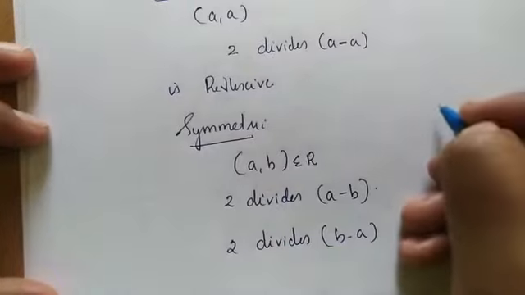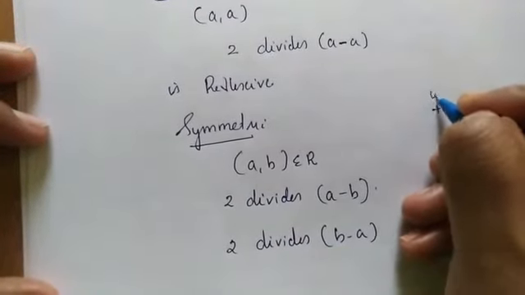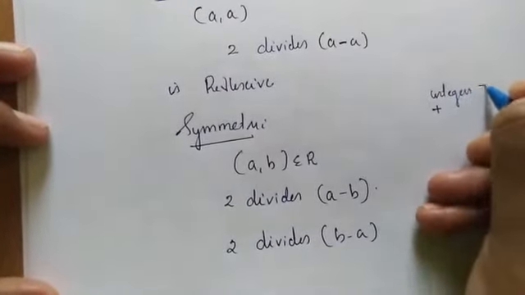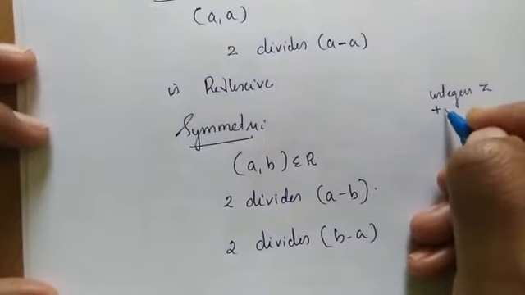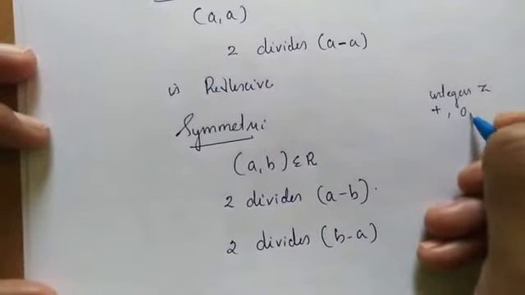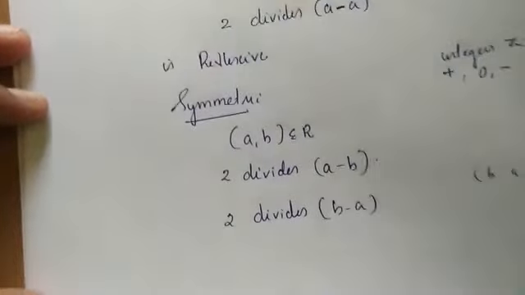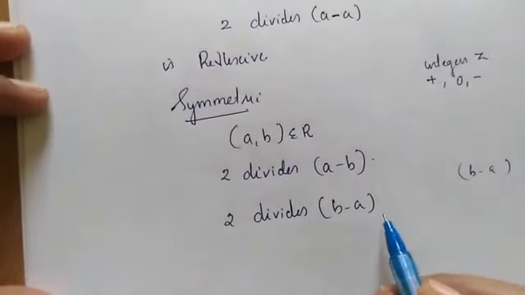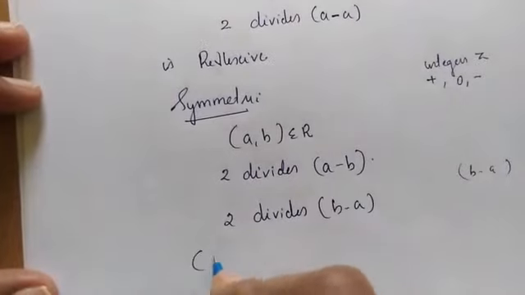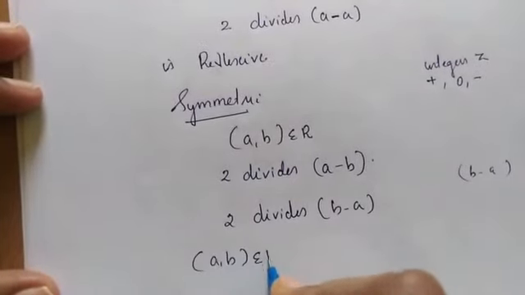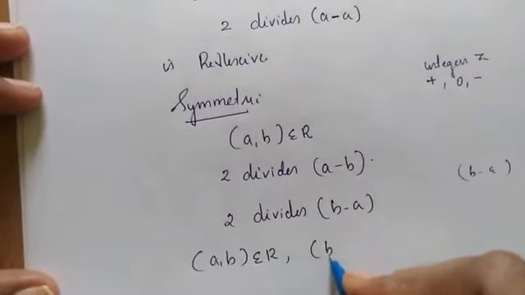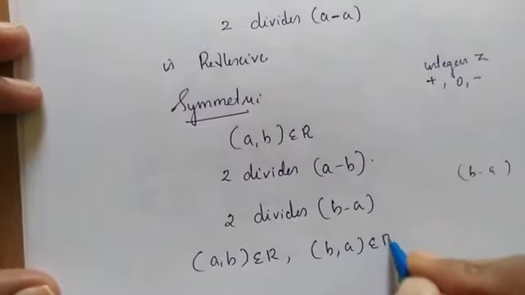What are integers? Integers are numbers which consist of positive numbers, 0 and negative numbers: -2, -3, 0, +1, +2, etc. So 2 divides b minus a also. So we can say that a comma b element of R implies b comma a element of R.